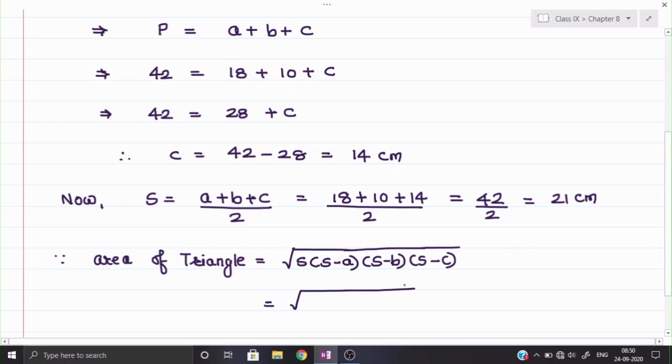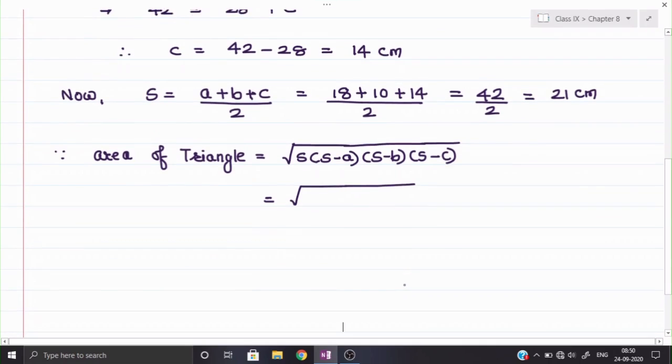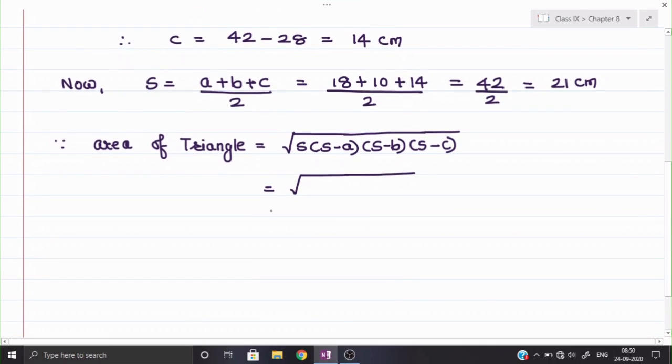Okay, now let us put in the values. The value of s we have here is 21, into the bracket 21 minus 18, again 21 minus 10, and the last one is 21 minus c, where the value of c is 14.